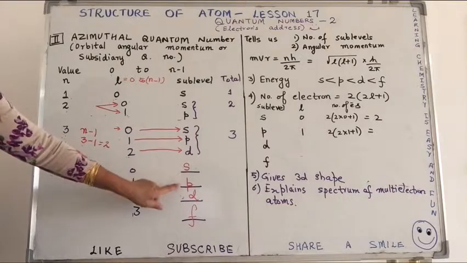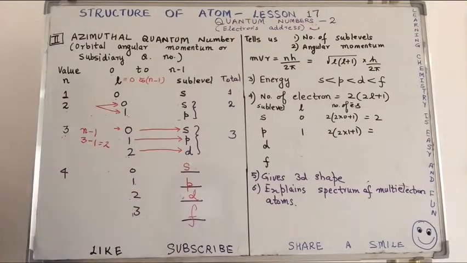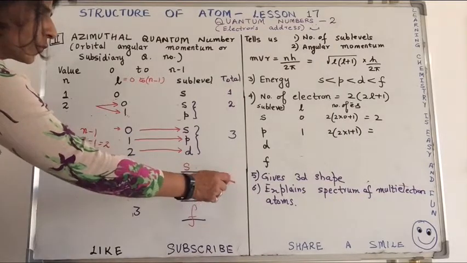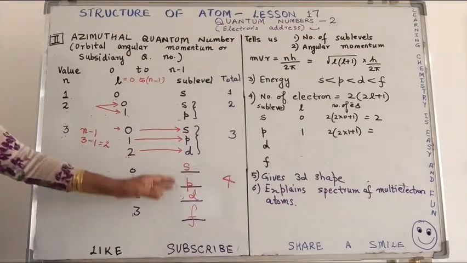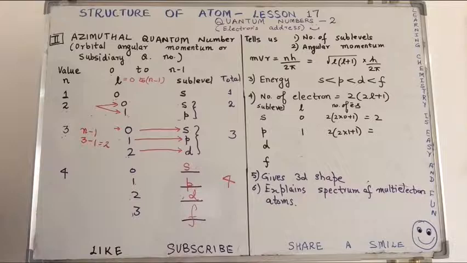So it's S, P, D, F. How many sublevels in all? Yes, it's 4. So on and so forth. We can also calculate for the other energy levels. But when we do the electronic configuration, you will realize that we actually don't go beyond SPDF. You'll see the reason for it yourself.